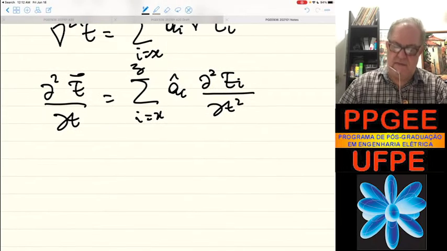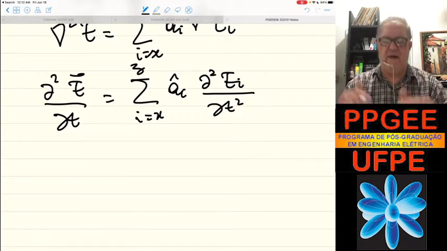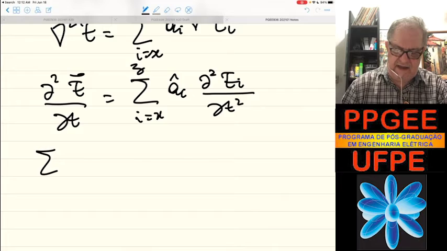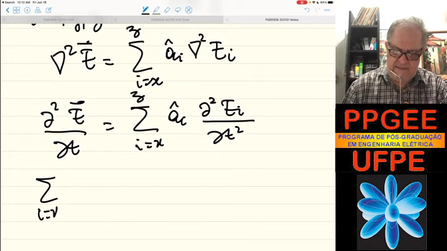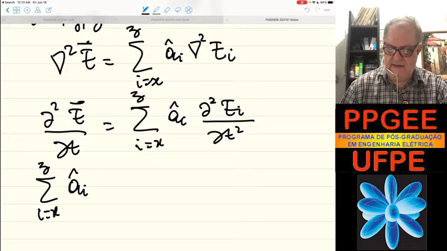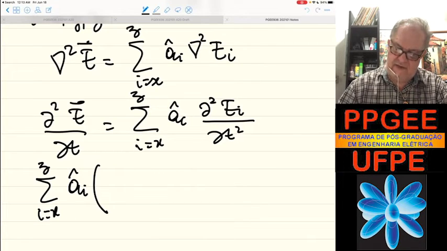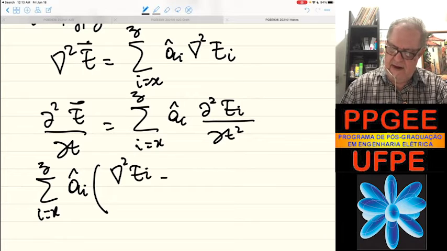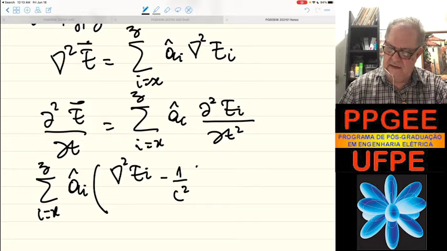So if we assemble all the components together, it's going to be the sum of a_i times the Laplacian of f_i minus 1 over c squared times the second derivative of f_i, equals 0.